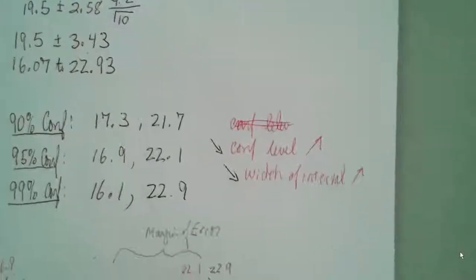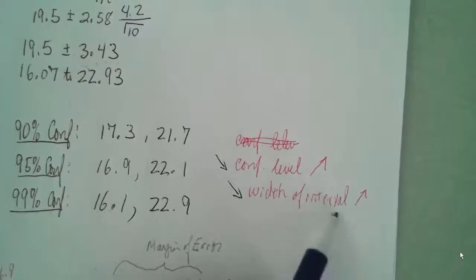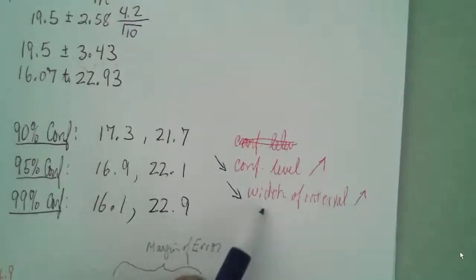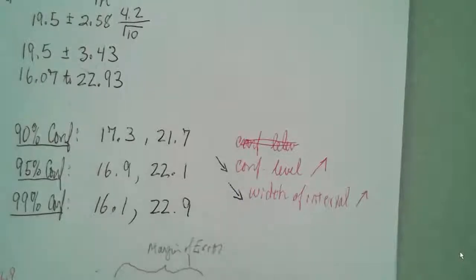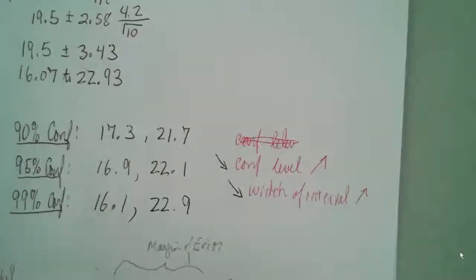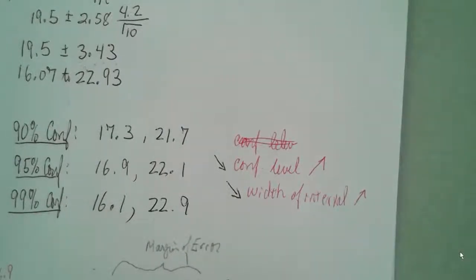Now, the width of the interval is directly related to what we call precision. Precision is how repeatable a measurement is, or how close you are to being able to stay at the same level again and again.